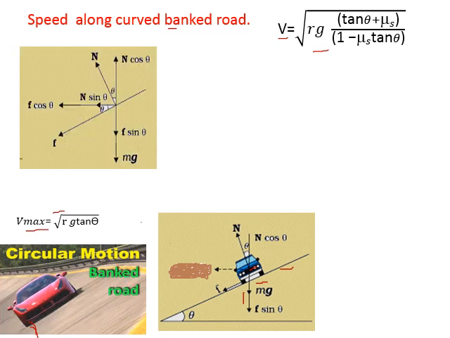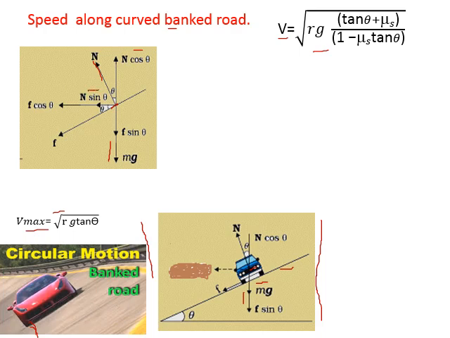You will not draw this diagram or even this diagram; it is for understanding purposes only. I have shown it here. This is our main diagram. Imagine this is where the vehicle is. Draw these lines and show these forces. Just as I told you, mg is downward. Show this n cos theta and n sin theta.